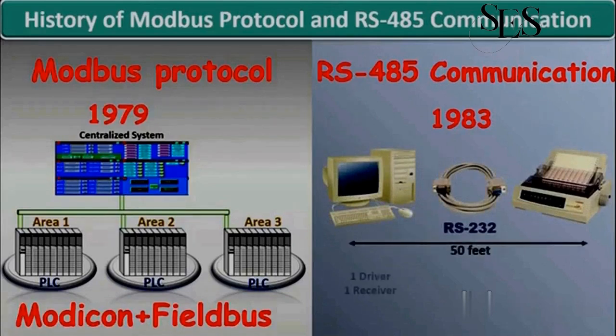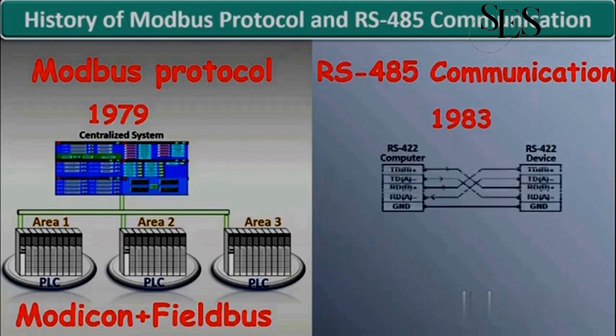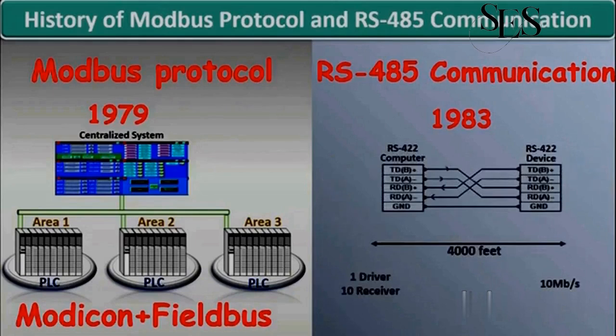RS-232 has some limitation that it can communicate up to the distance of 50 feet. We can only have one driver, one receiver in RS-232 communication. You can communicate with a data rate of 460 kilobyte per second. To overcome this issue, a 4-wire RS-422 communication method was introduced with one driver and 10 receiver with a speed of 10 megabyte per second.